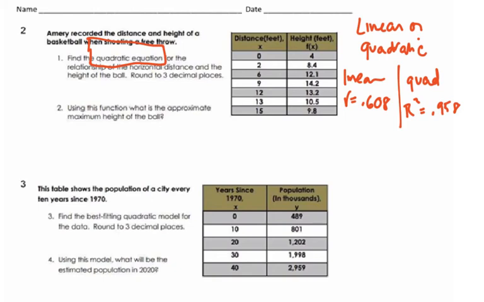This is what I'm talking about. What we're looking for is a number close to 1, either little r or big R squared. This is very clearly a quadratic, and that is what I would give to you. If it were linear, you would just copy down the equation that they give you.